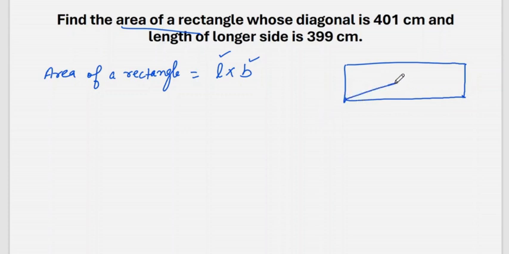So see, the diagonal is given as how much? 401 centimeter. The longer side, this length, is given as 399 centimeter. We know this is 90 degree because each angle of a rectangle is 90 degree. Now we have to find this breadth. Okay, but how?